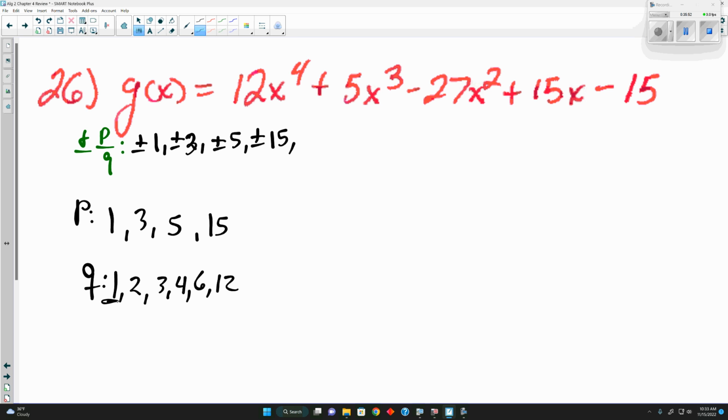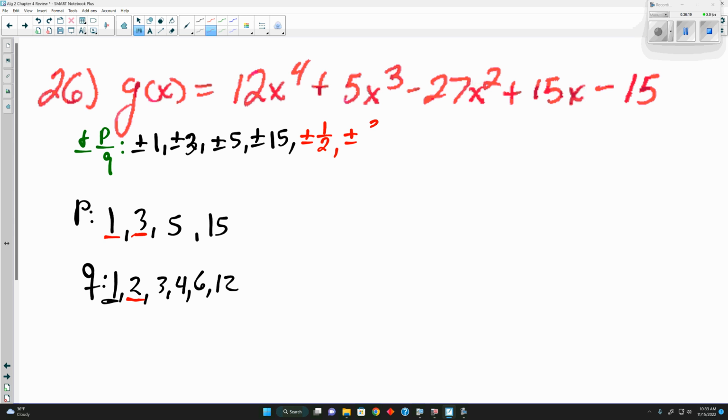And again, we can go on and list off all the factors of p because they're being divided by 1 first. So plus or minus 1, plus or minus 3, plus or minus 5, and plus or minus 15. Because that's going to be an easy place to start. Because they're just going to give us the numbers back. The next one we can do is 2. So we'll have 1 divided by 2, which is going to be plus or minus 1/2.